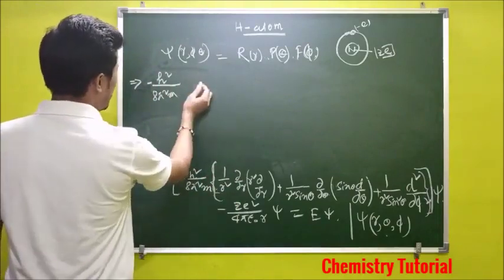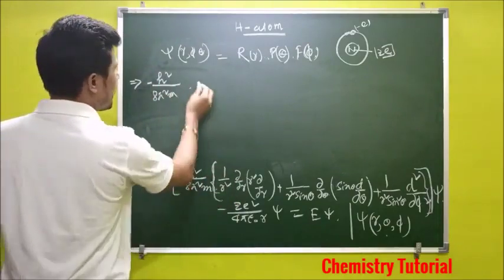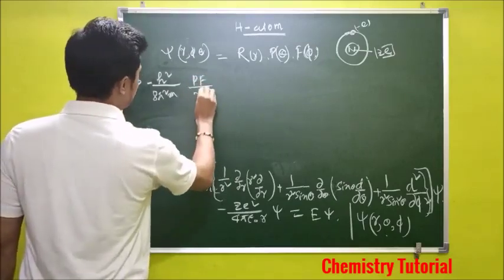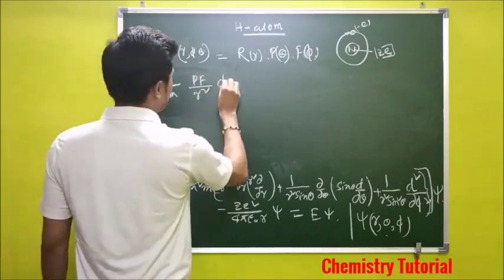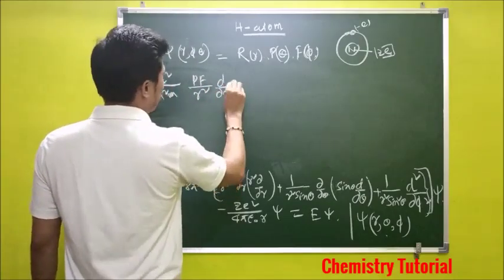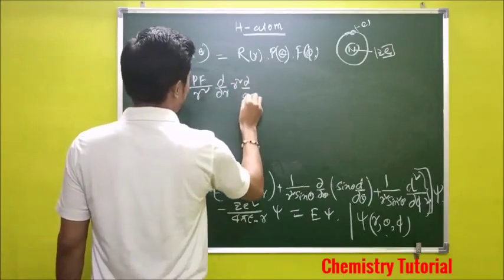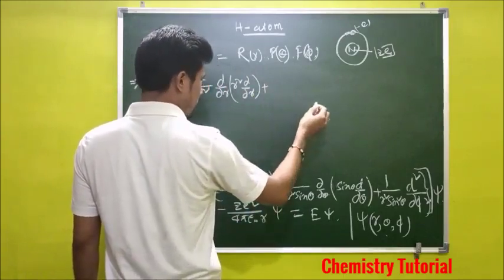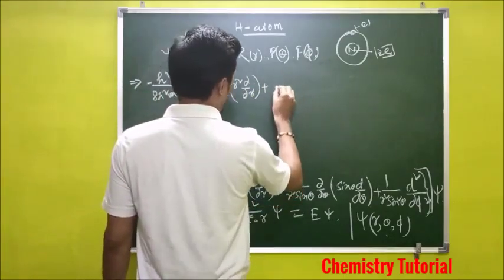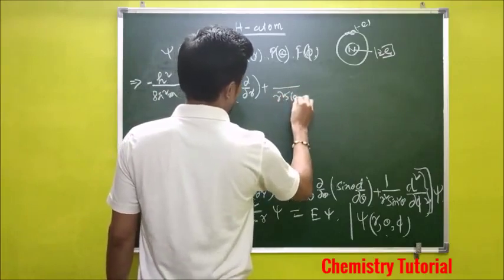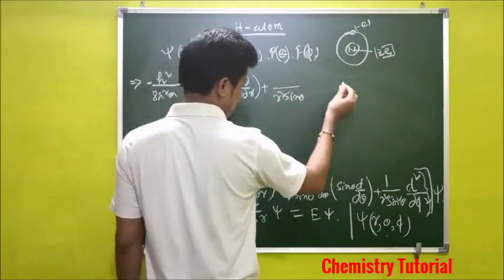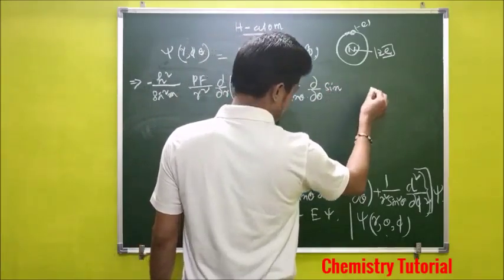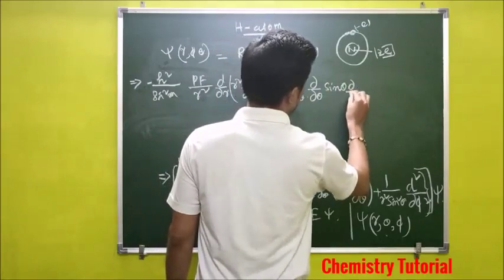In this case you will have only R P F divided by R square, d delta of R square into d of R, then you will have 1 by R square sin theta, delta of theta, sin of theta and d theta.